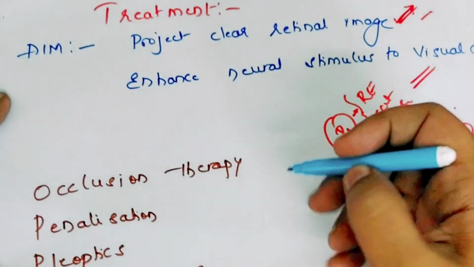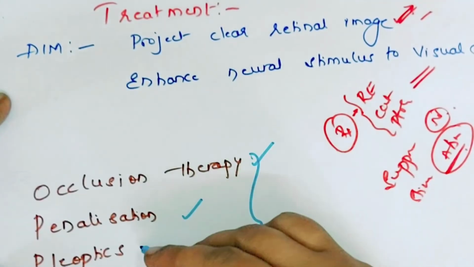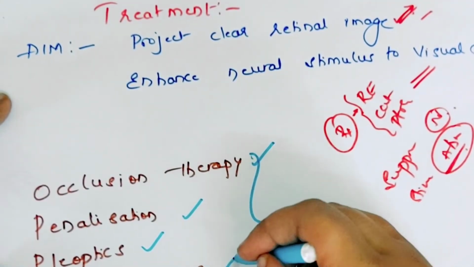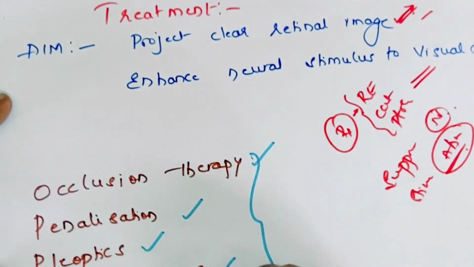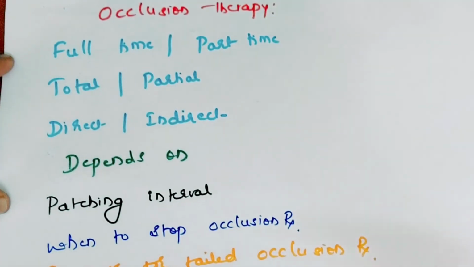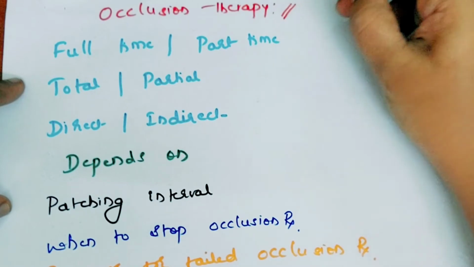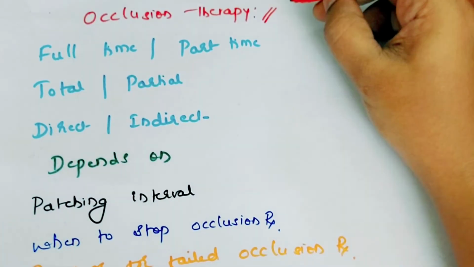So in the treatment we have these options: occlusion therapy, penalization, pleoptics, CAM stimulators, and pharmacological treatment, which includes levodopa. So what is occlusion therapy? As I told, here we should suppress the normal eye and stimulate the abnormal eye. To suppress the normal eye, we occlude that eye, meaning we patch that eye.